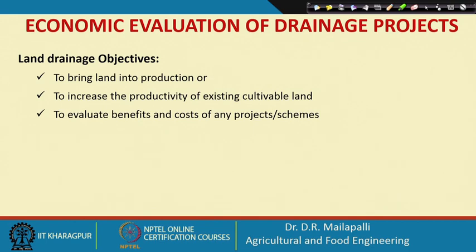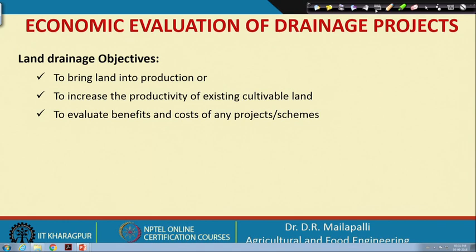The objective of land drainage is, number one, to bring land into production. Whatever land is under inundated or waterlogged conditions, the first objective is to bring that land into production. The second is to increase the productivity of existing cultivable land.